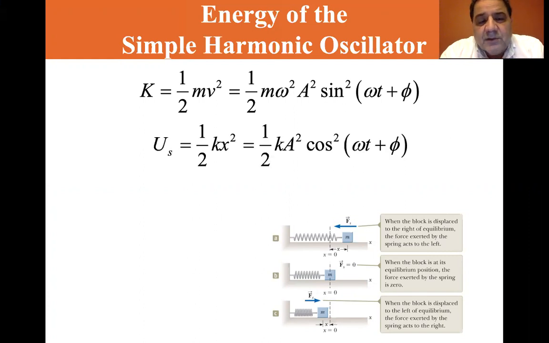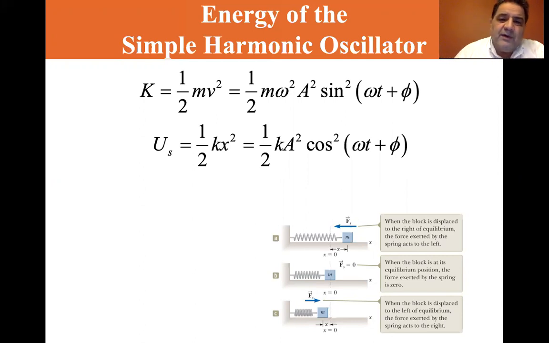Now the spring potential energy is 1/2 kx squared, which equals 1/2 k A squared cosine squared(omega t plus phi). We just turned the kinetic energy equation into 1/2 k A squared sine squared(omega t plus phi), because omega squared is equal to k over m.